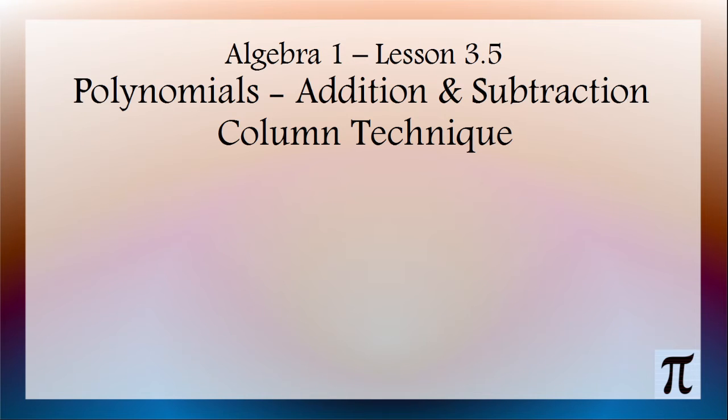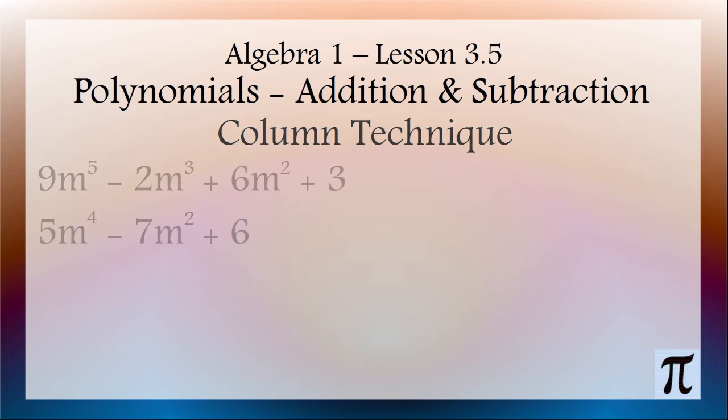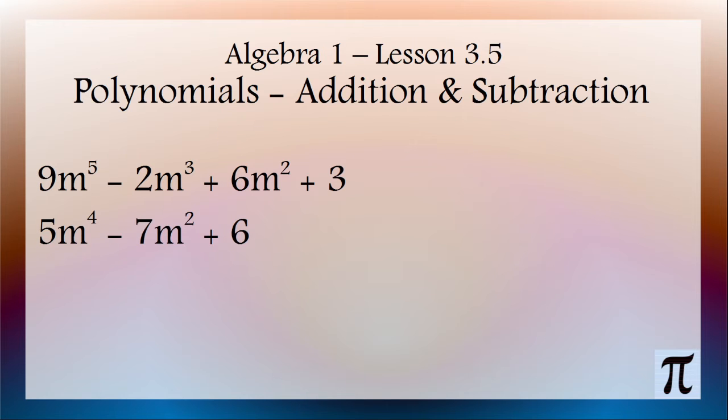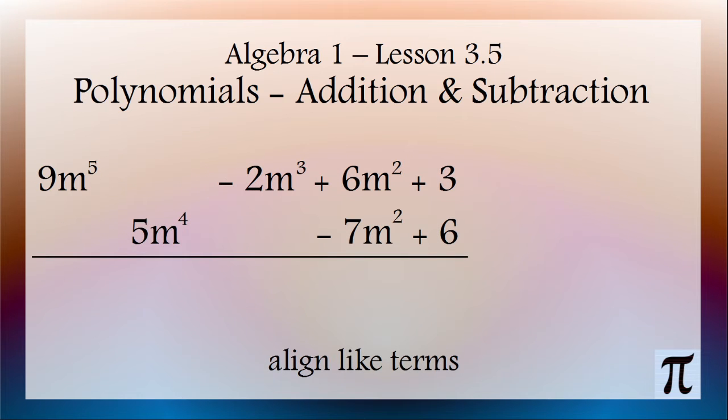Next, let's talk about the column technique. It's a different method of solving the same kinds of problems. So let's say we have two polynomials that we would like to add. We can rewrite these polynomials by aligning the like terms. All I've done is stretch them out so that the like terms are on top of each other, kind of like stack 'em style.